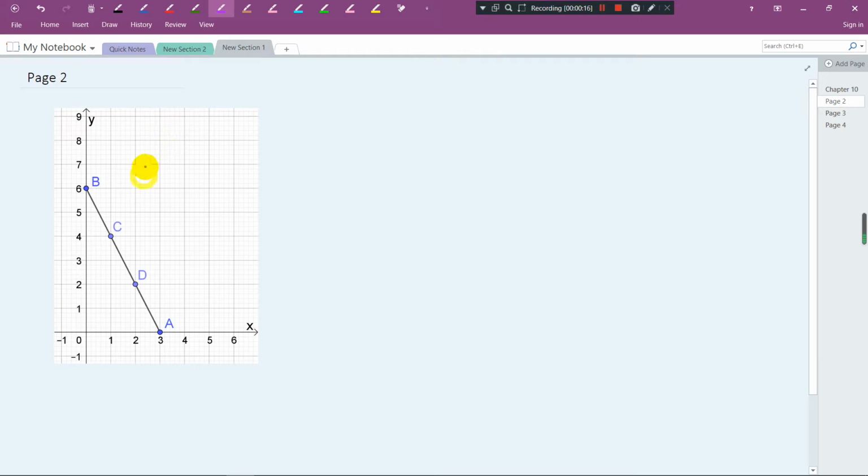In this question, I want to tell you that the gradient of any two points, let's say AB, and gradient AC, gradient DC, or you can write CD, gradient AD, and so on.